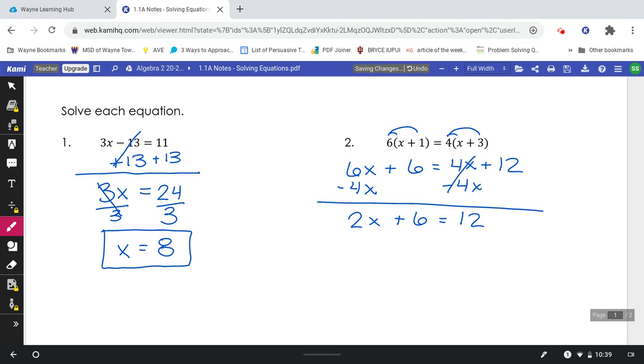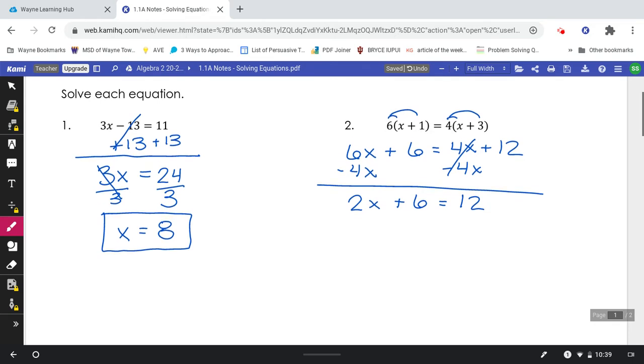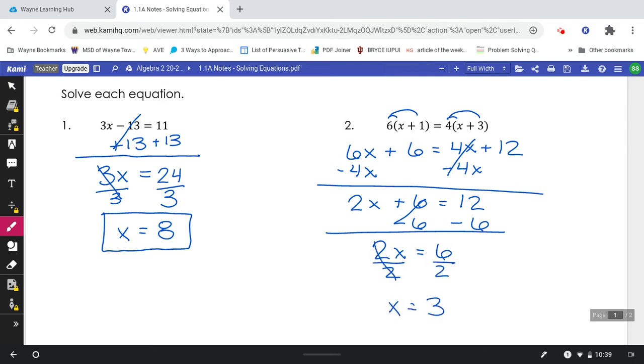Now that problem looks a lot like our problem number 1, so if you would, take a second and solve the rest of that problem out as best you can. Right, you should have solved that out to get an answer of x equals 3.